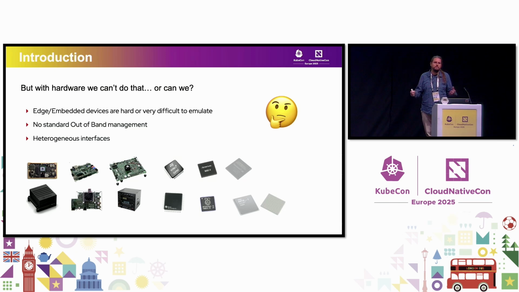Hardware is not as easy to manage as VMs or containers. Normally, you don't have out-of-band management. Sometimes you do, but it's very rare. And you have tons of different interfaces, like CAN buses, video inputs, video outputs, human interfaces. There are many options.